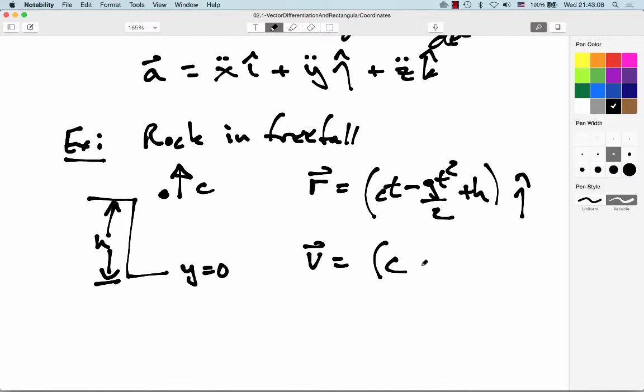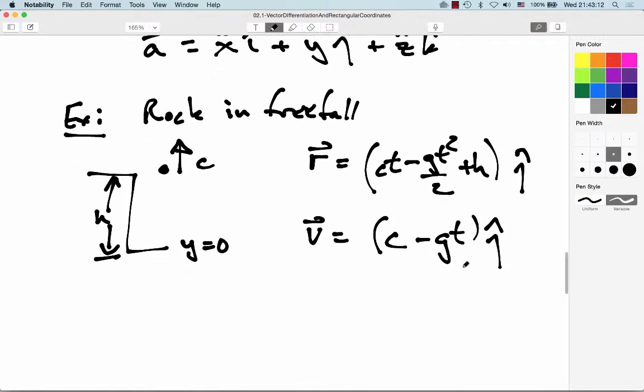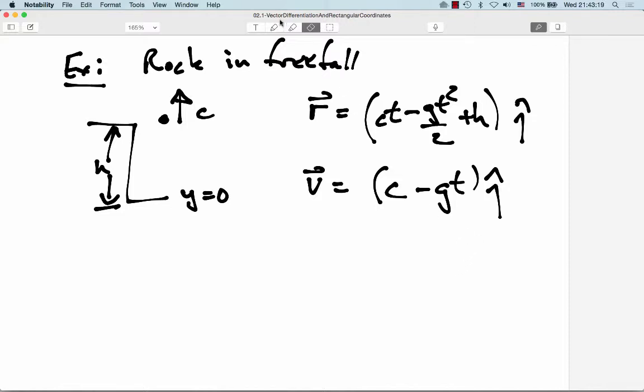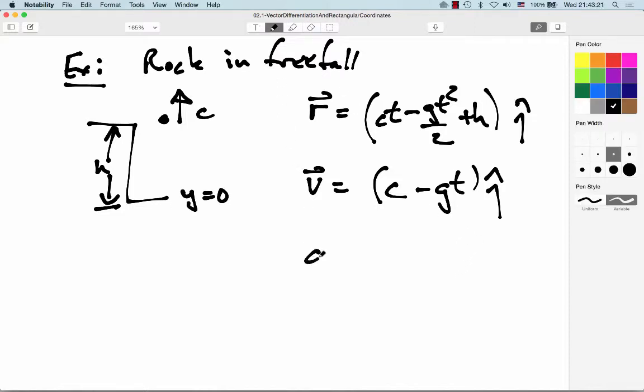That cancels the half. Leaves us with minus gt, j hat. Yep, looking pretty familiar. And then hopefully we get the acceleration as minus g, or else it isn't free fall. So let's make sure that works. So a equals, okay, differentiate a constant with respect to time, I get 0, minus gt, differentiate t, I get 1, so I have minus g j hat, and life is good. This is exactly what we were expecting.